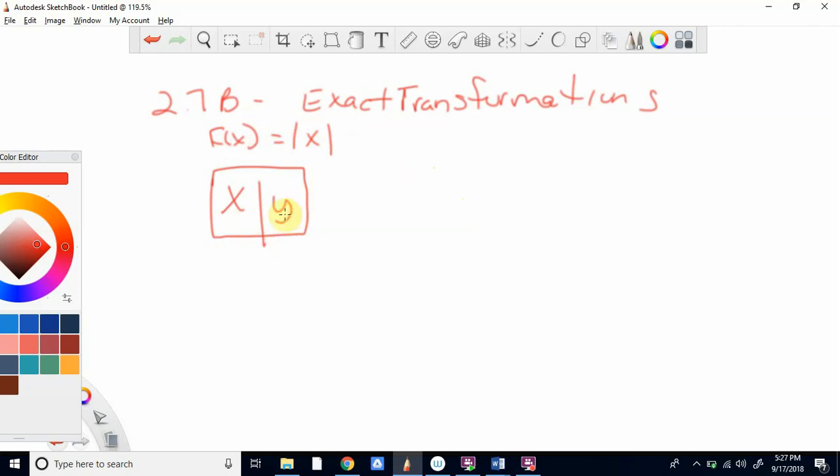There are going to be some coordinates x, so you can make a table and make up your own values for x, and then you plug them in and say, what is y when the absolute value is of 0? You have 0. You put 1 in here, y is 1. You put negative 1, it's 1. 2 is 2, and negative 2 is 2 as well.